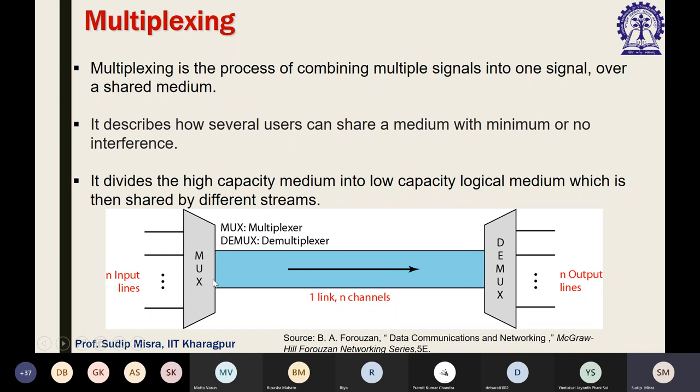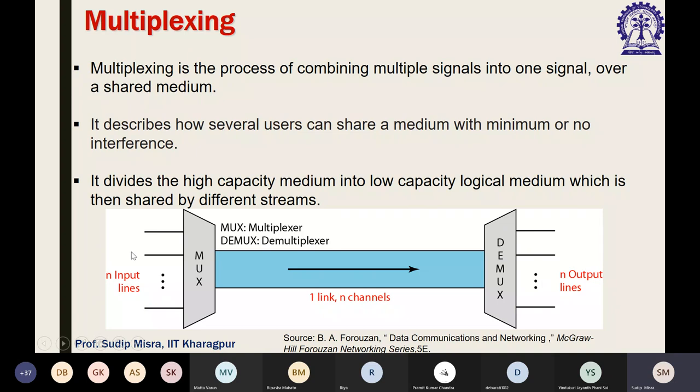Now you see that it's not the same scenario that we have covered earlier. We are not talking about one sender or one receiver. We are talking about several senders, several input computers and several output computers.